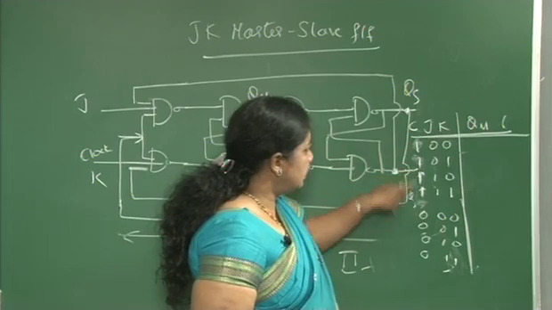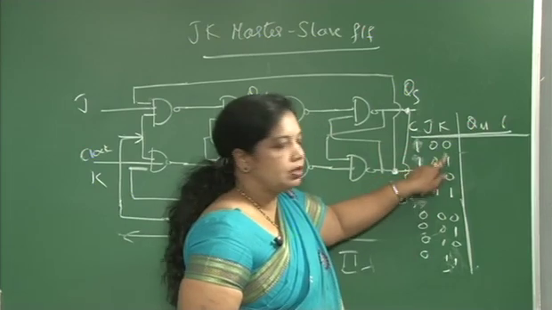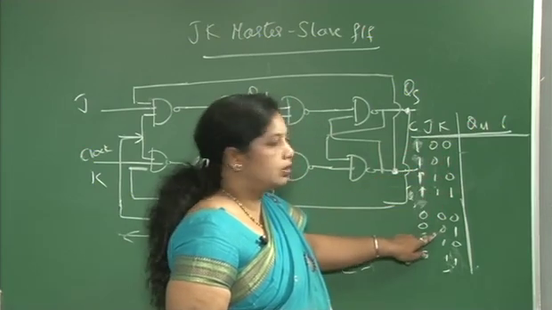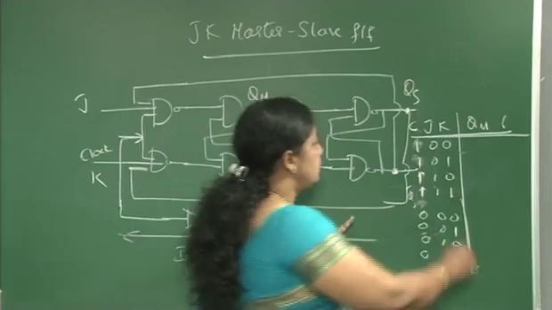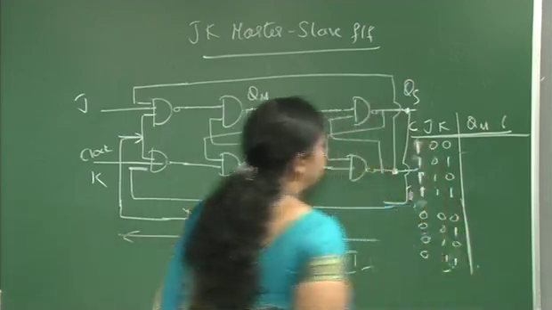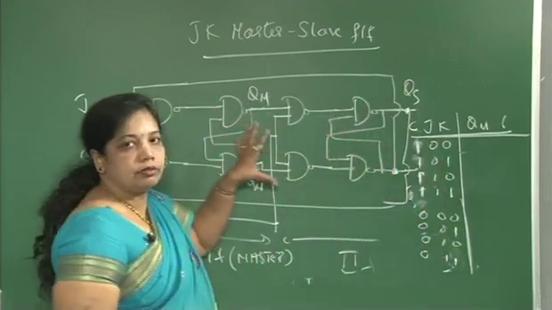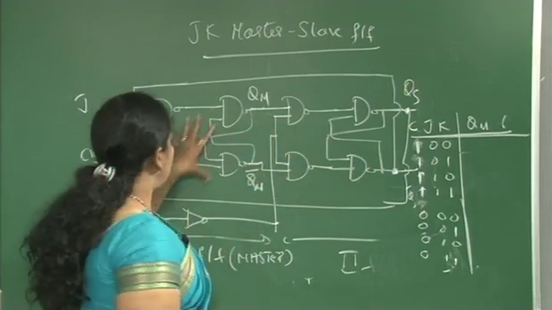So when the clock is high and when the clock is low, what is the output of the master and what is the output of the slave? As usual, whenever the clock is high, the first flip flop operates normally.